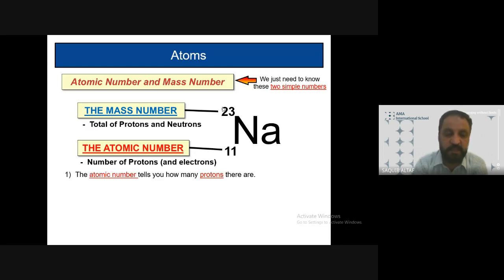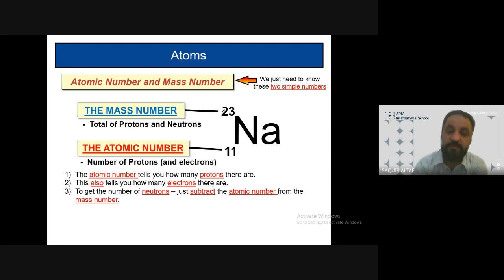So the atomic number tells you how many protons there are, and also how many electrons, because protons and electrons are always equal. To get the number of neutrons, just subtract the atomic number from the mass number. If they ask in the question how many neutrons there are, just subtract mass number minus atomic number.